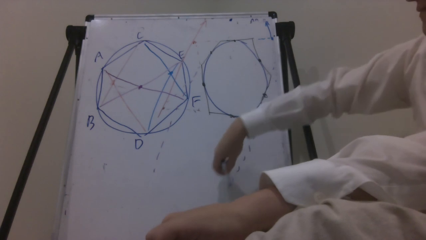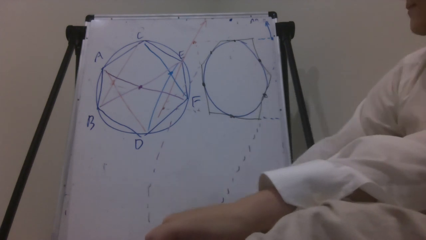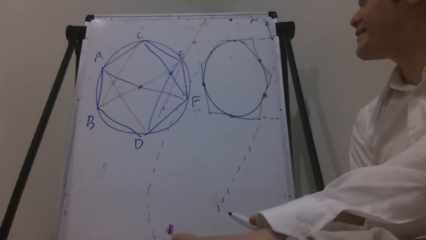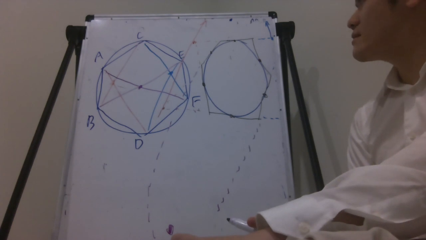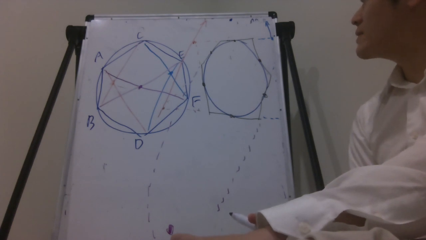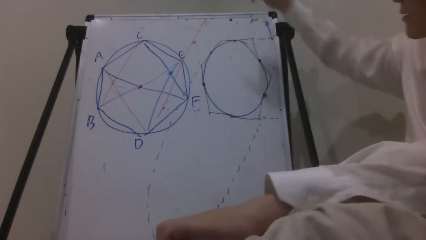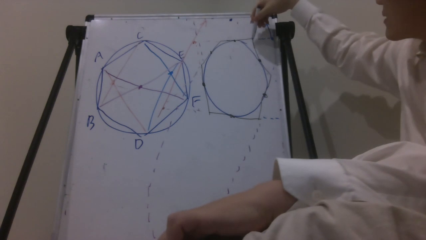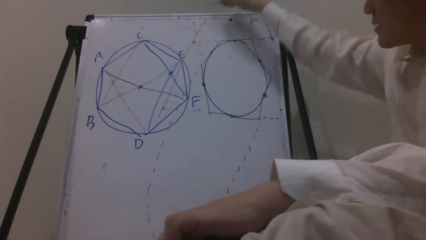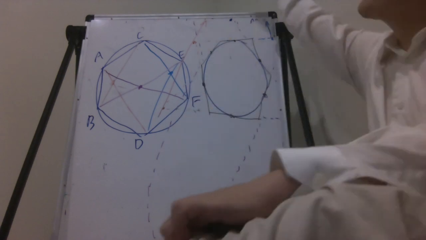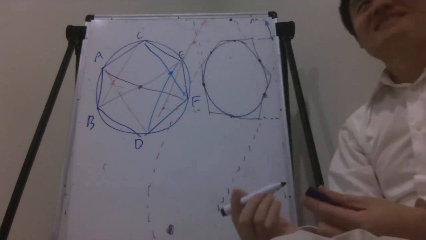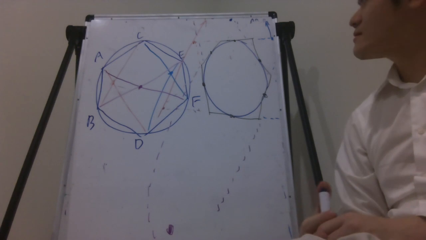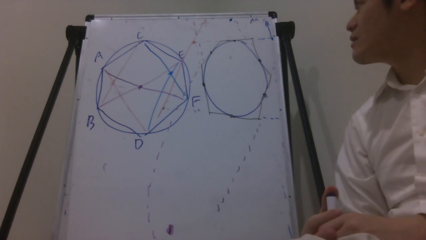Just a little bit. Okay. And B and E. This does not look very concurrent. Oh, it's not too bad. You go up, you go down. This is not exactly straight. And they're meant to all intersect on the line at infinity, at the point of infinity.